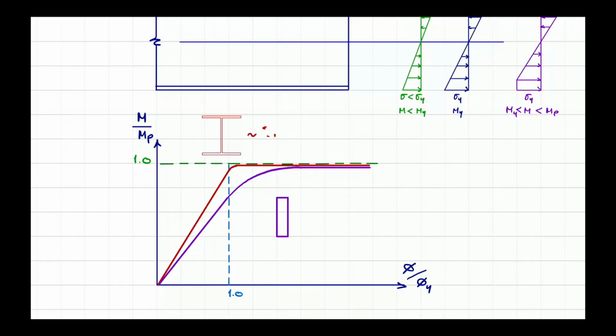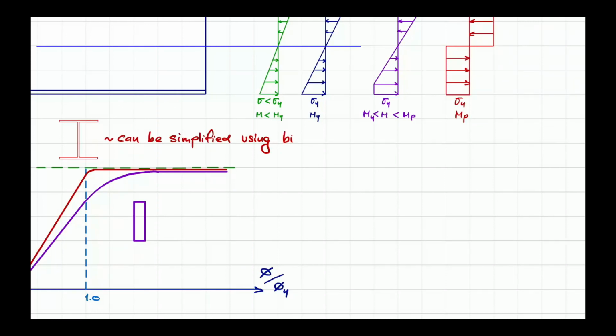I should say it this way: it can be simplified using a bilinear behavior or bilinear model, that is elastic, perfectly plastic.